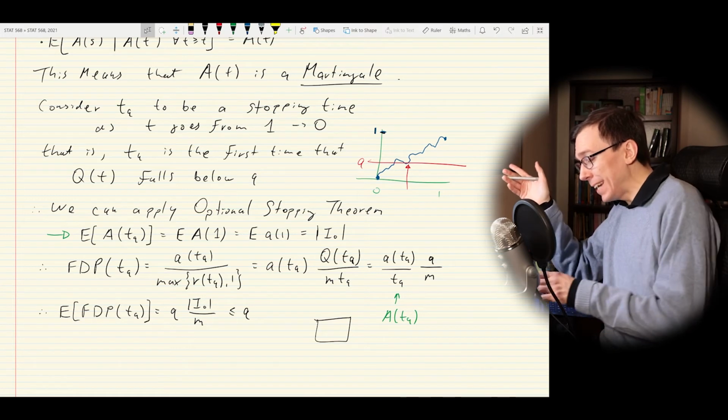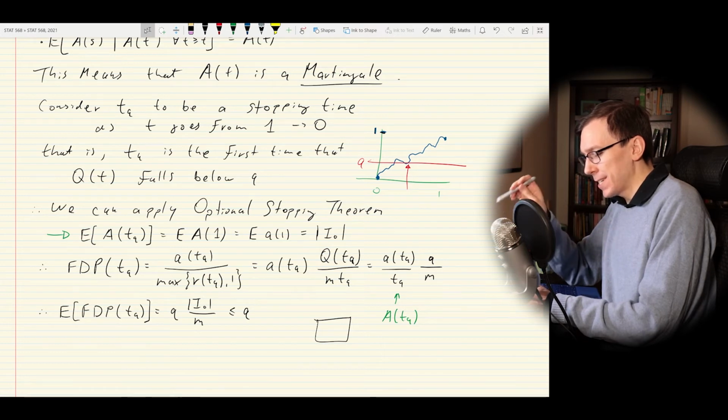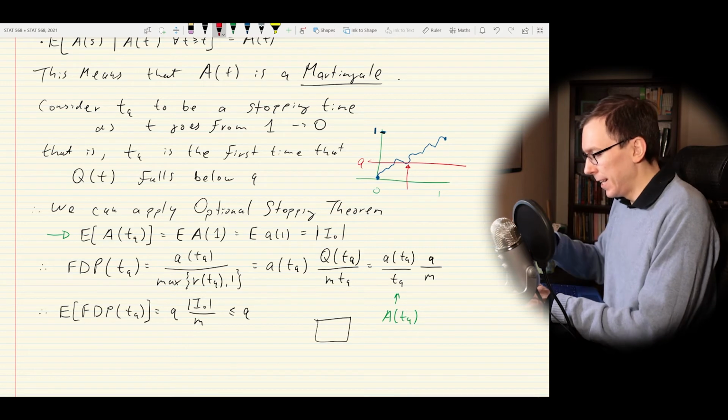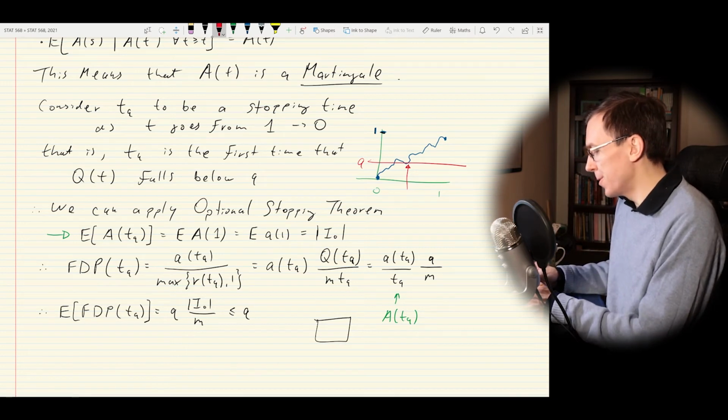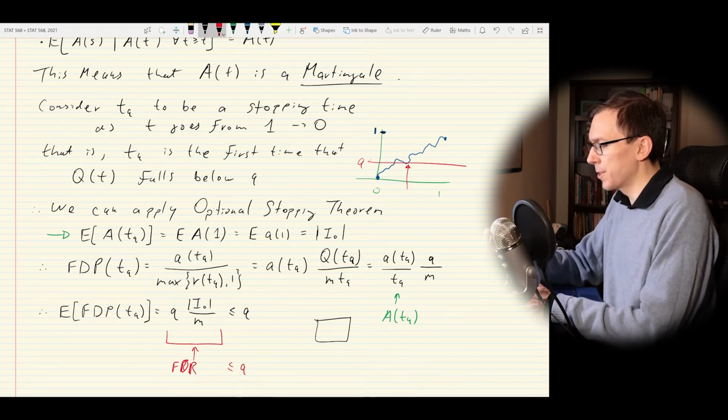So what we said at the beginning is that the false discovery rate is the expected value of the false discovery proportion, and given a user chosen value of q, the false discovery rate is going to necessarily be less than or equal to q, which is what we want.